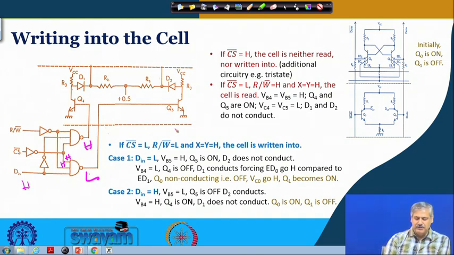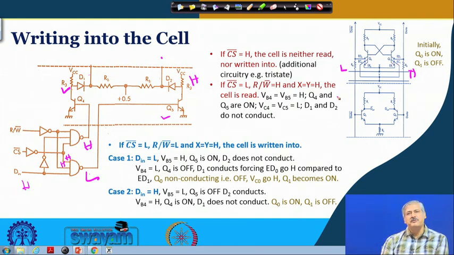So this is low means this is high means this is conducting. So this part is low, so this is not conducting, and this is low means this is not conducting. So this is high. So this output will become high, and this will become low. That means Q1 will not conduct and Q0 will conduct, which was the previous case.